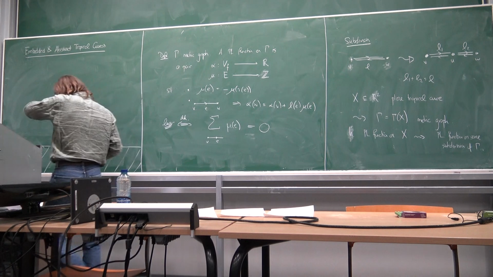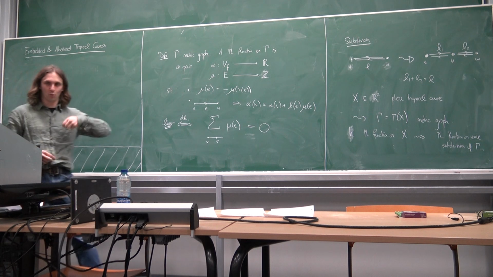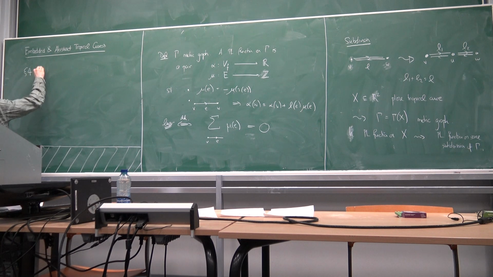So, again, this is not quite the way that these abstract tropical curves appear in the paper. They make somehow one more level of abstraction. So it's that level now that I'm going to talk about.